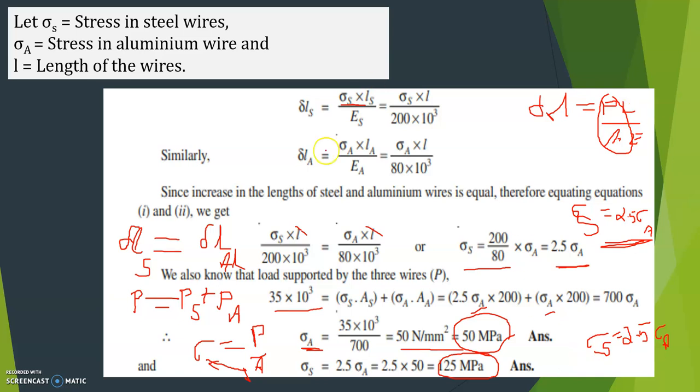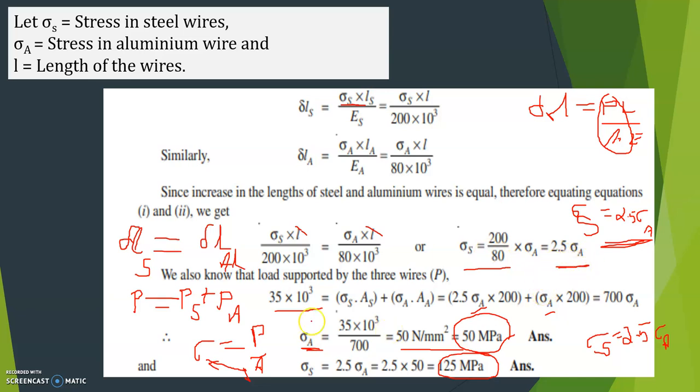First write the deformations. Deformation is nothing but PL divided by A into E. P divided by A is nothing but stress. Substitute that in both cases and then equate, and you will get one equation in terms of either sigma S or sigma A.